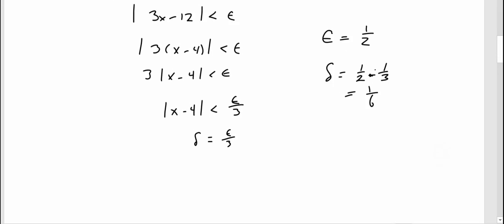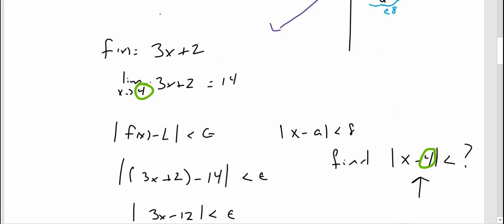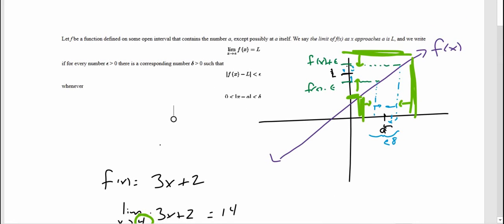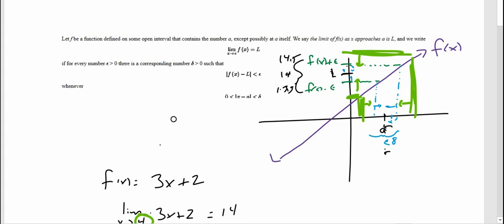Okay, graphically, what that tells me is if I go back to this graph and say, your challenge is, look, I want the y-coordinates to always be within 1/2. So this limit's 14, but up here is going to be 14.5, and this is going to be 13.5. If you tell me that, then I can turn back and say, we had a 4 for our a, right?